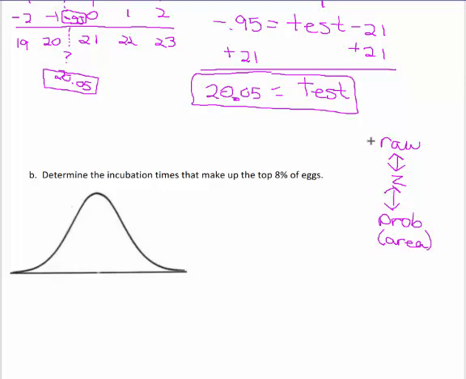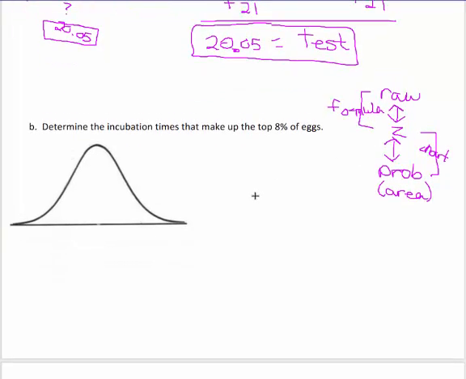So to go from raw data to Z, you use your formula. And this part of the pathway, you use your chart. So you'll see me drawing this all the time, but this is the pathway. All right, so let's do that again.